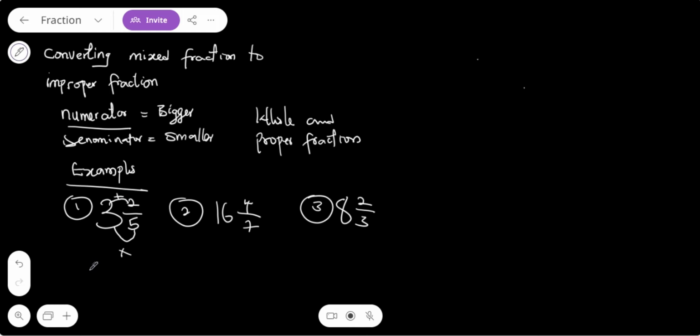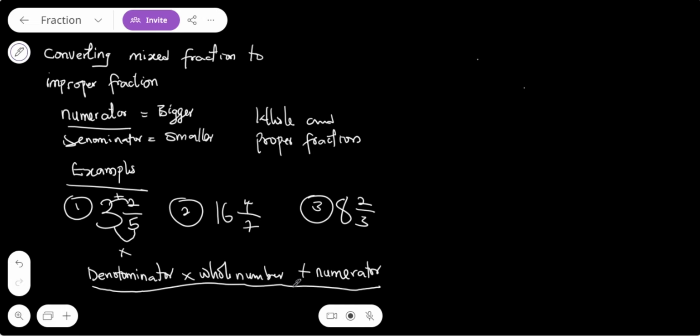You have denominator times whole number plus numerator. Then you maintain the denominator of the question. That's the denominator, right? Pardon my board.